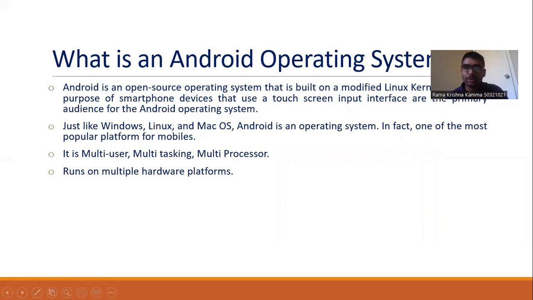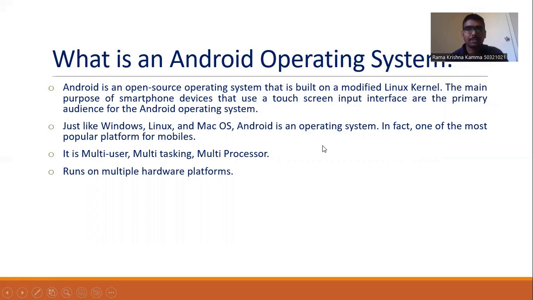Each operating system has its unique features. Android is most famous because of its APIs, application program interfaces, and moreover its user interface.